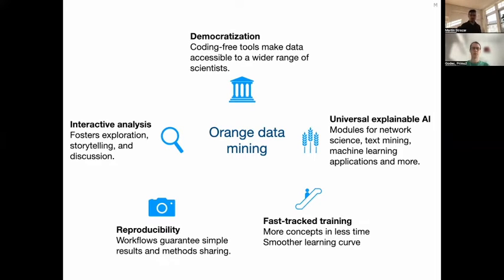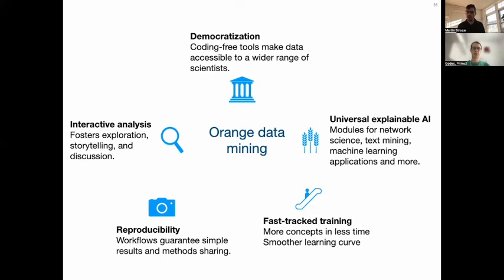To conclude, our general goals as a community are the democratization of publicly developed data science methods, done through interactive analysis that focuses on storytelling, discussion, model critique, and general analysis of the data, and that puts a heavy emphasis on reproducibility, as well as fast and streamlined training of scientists.